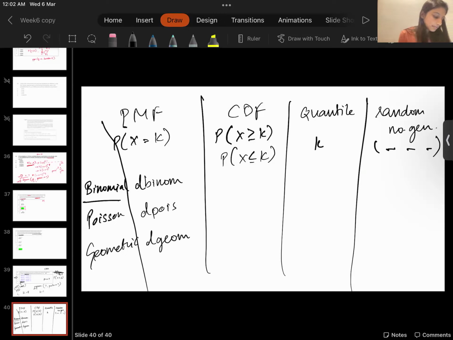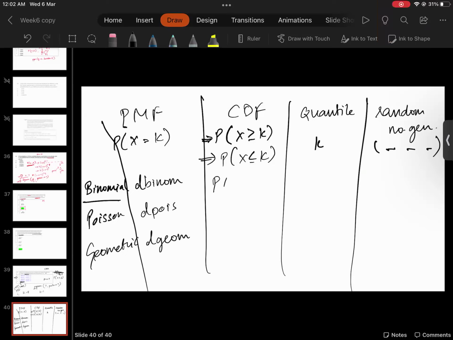And if you want to calculate something like at least 10 defective parts, or at most 6 tosses, if the question is like that, you need to find these values.